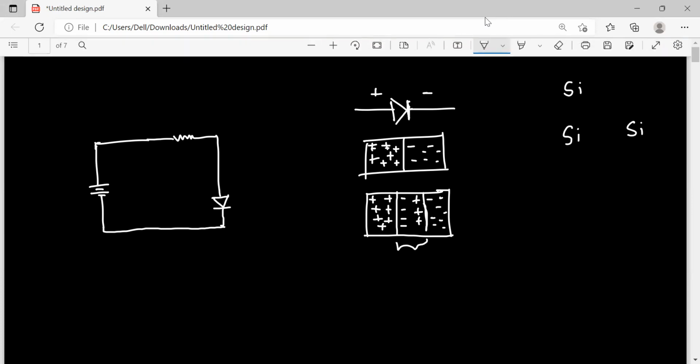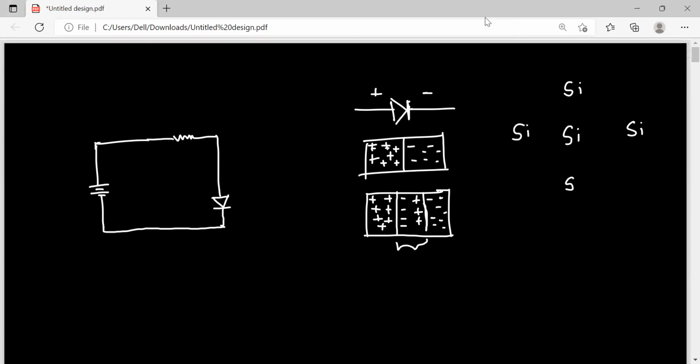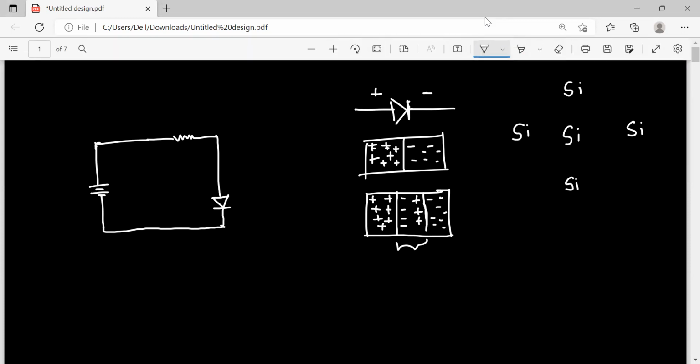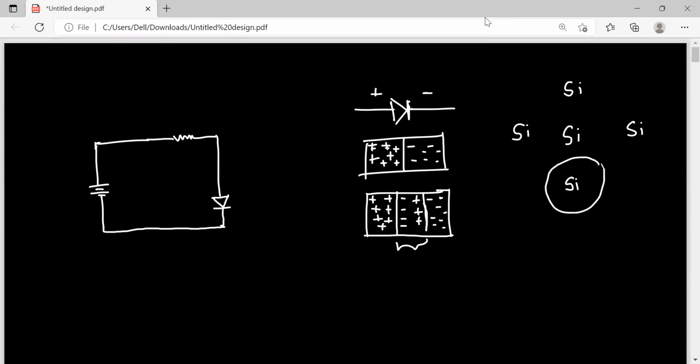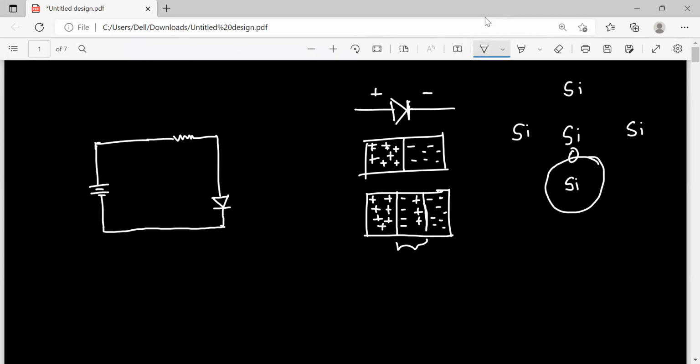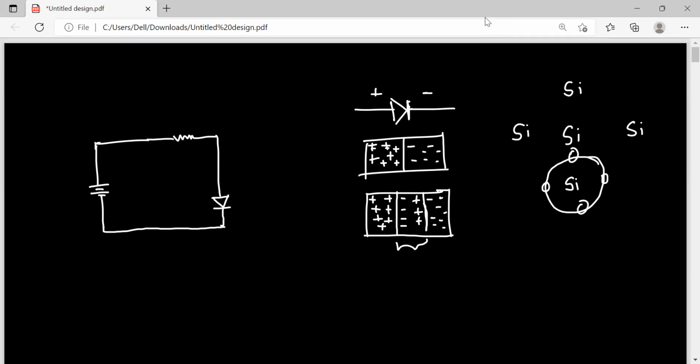Normally the silicon is going to have 4 valence electrons, which means in the valence shell, the final shell of that silicon atom, it's going to have 4 valence electrons like this. Likewise, every silicon atom will have 4 valence electrons. So let's draw like this.